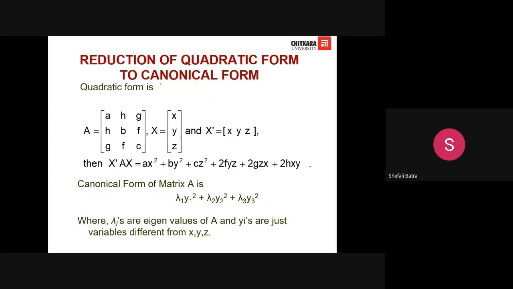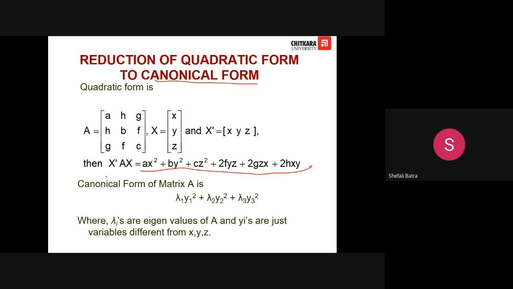Now, next is reduction of quadratic form to the canonical form. Quadratic form is X dash AX, which we have done. In 3 variables, this is your quadratic form, and you need to write out the canonical form.